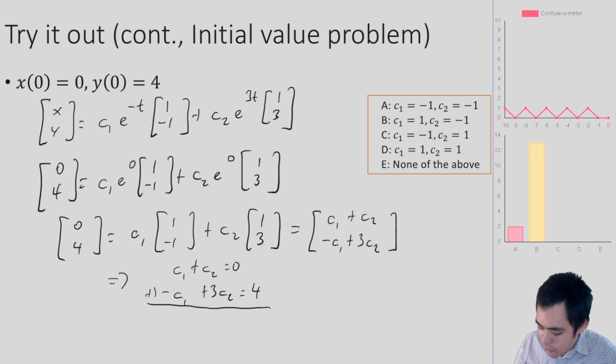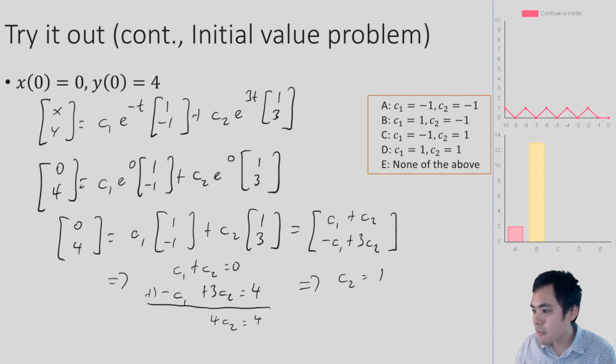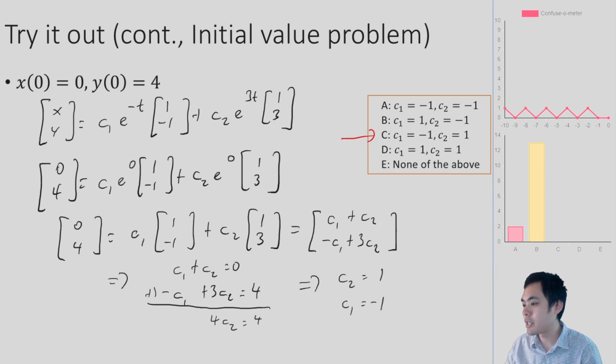If we add these two together, well, what do we get? We get 4c2 is equal to 4, so c2 is equal to 1. And what else do we get? And then c1 is going to be equal to minus 1. And so the answer here is actually C, which it looks like a couple of you all got here.